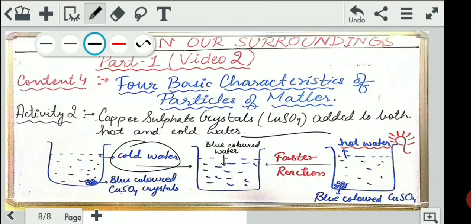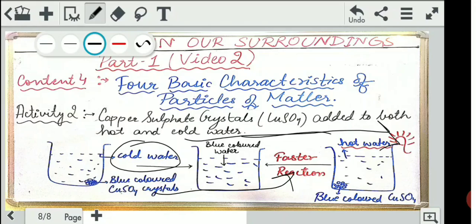But the only thing you have to notice here is again the highlighted mark which I have shown here. This highlighted mark shows that in hot water the reaction is faster. You can see that hot water has shown a faster reaction, right?